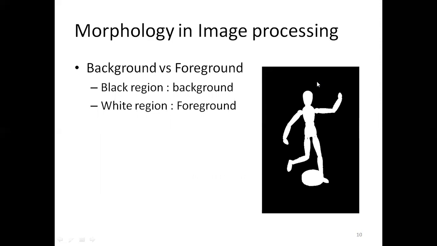It has mainly two parts. One is a background and one is a foreground. The black portion will be called the background and the white portion we will call the foreground. The white pixel has a value of 1 and the black pixels have a value of 0. So it is a kind of matrix of zeros and ones, which we'll see in upcoming slides, how we'll process it.